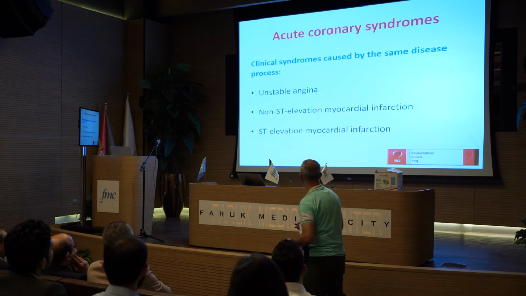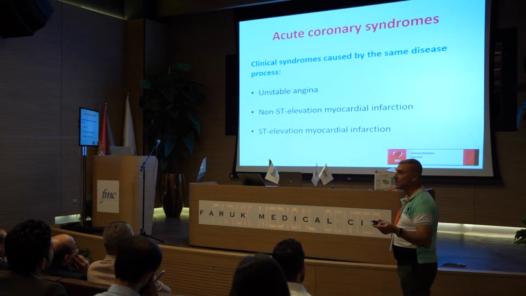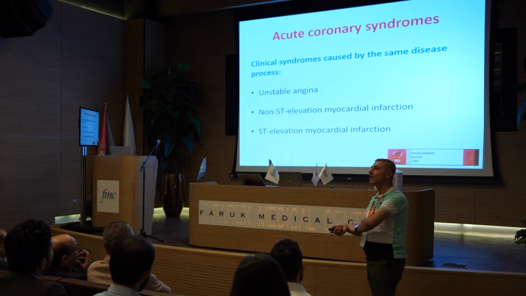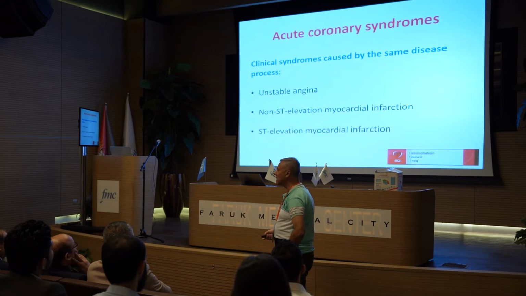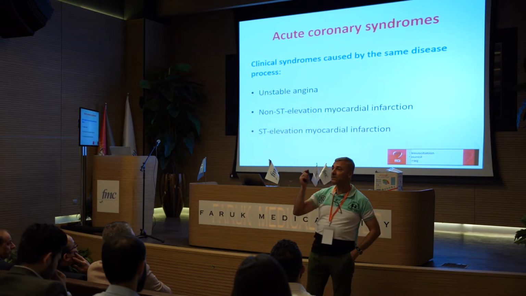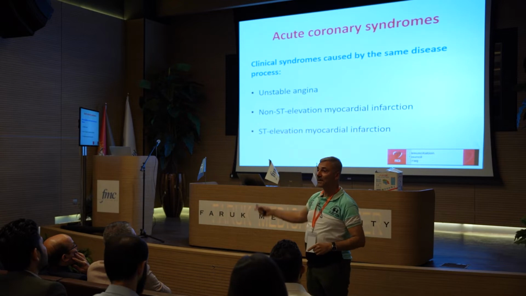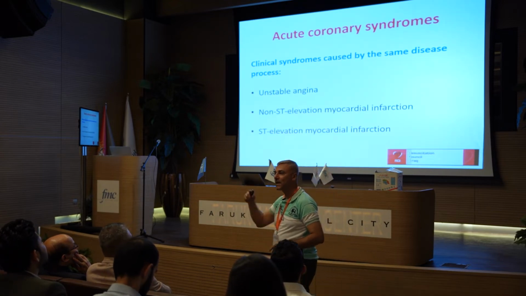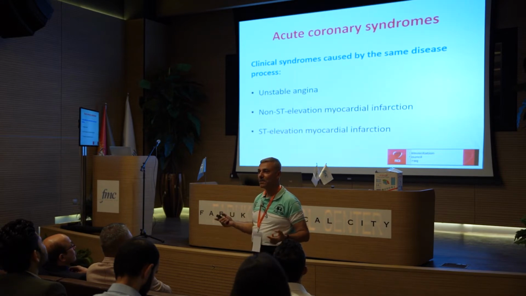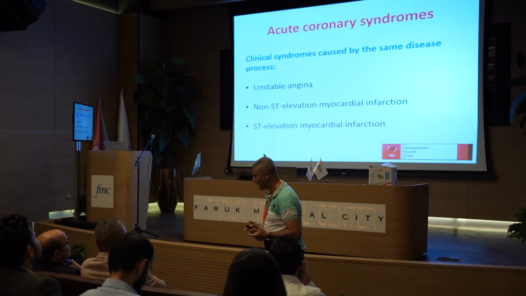So this is the difference between unstable angina and non-STEMI regarding the level of cardiac markers and the ST changes on ECG. While in myocardial infarction there are profound signs and symptoms: ST elevation first, or left bundle branch block, which commonly does not happen in unstable angina and non-STEMI. STEMI is already declared in such a way.